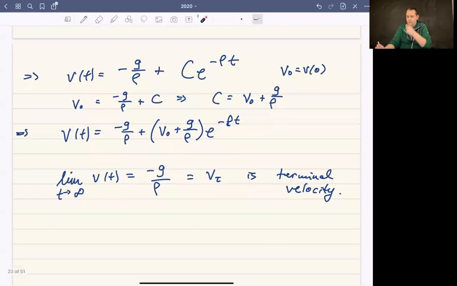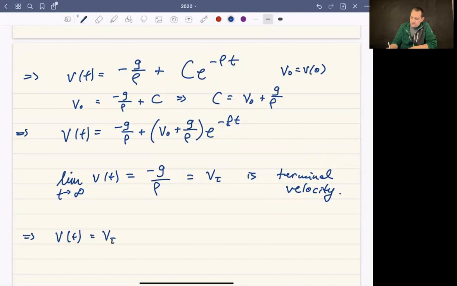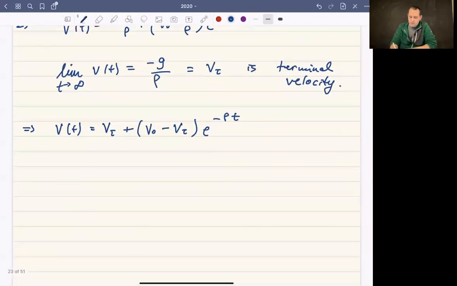And you can write, if you want, your terminal velocity in the equation if you'd really like. So you're going to end up with the terminal velocity plus the initial minus the terminal velocity e to the minus rho t. Okay, so there's our equation. And then we'll integrate this one more time to figure out our position function.